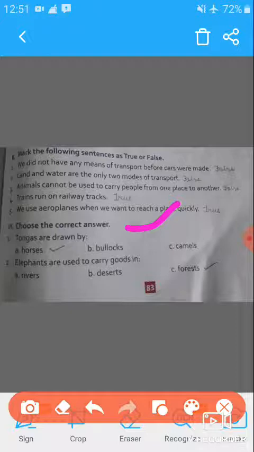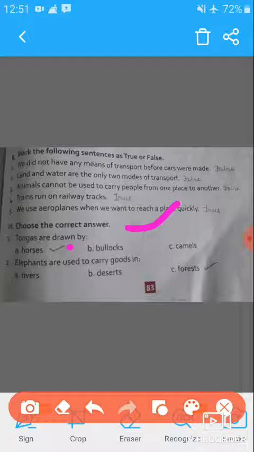So my dear students, as you know, tongas are one of the land transports, and tongas are used in many parts of India. Tongas are small horse-drawn carts. So here option A, horses, is the correct answer. Now let's come to question number 2: elephants are used to carry goods in.